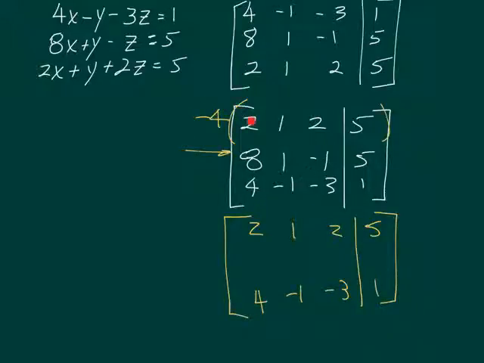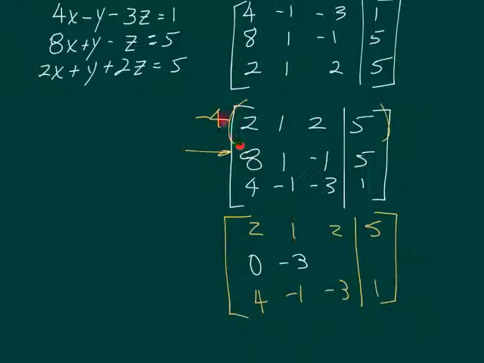So, negative 4 times 2 is negative 8 plus 8 is 0. Then I've got negative 4 times 1 is negative 4 plus 1 is going to be negative 3.